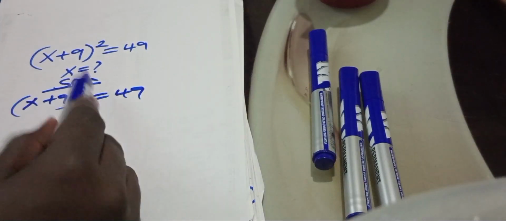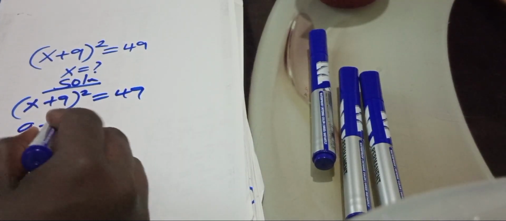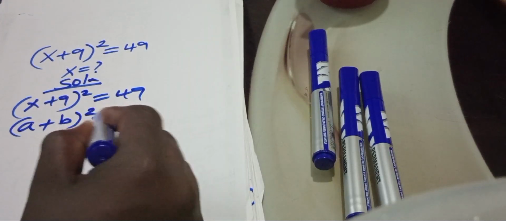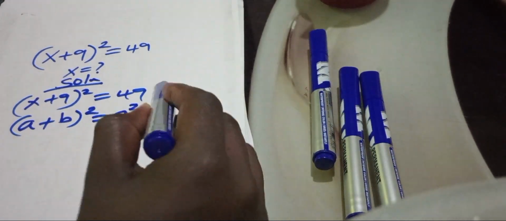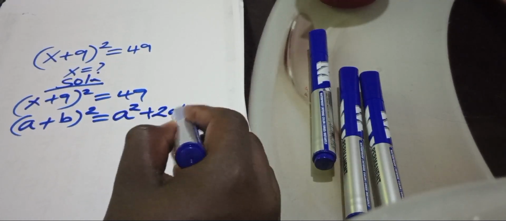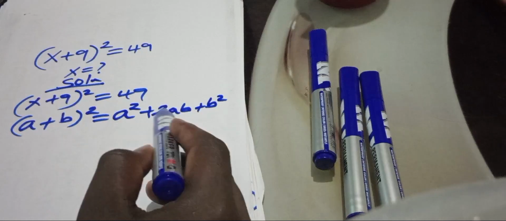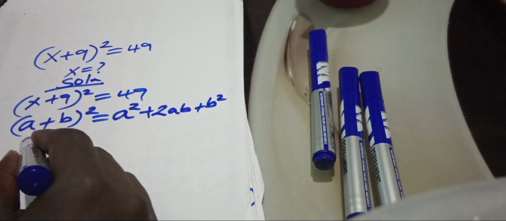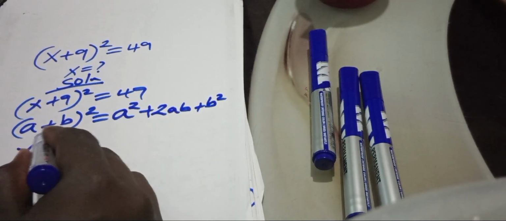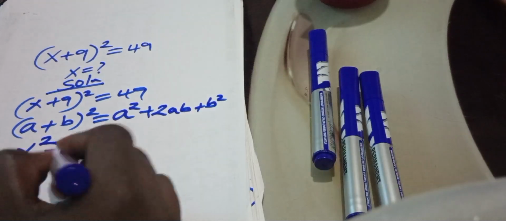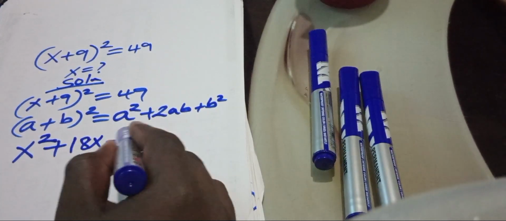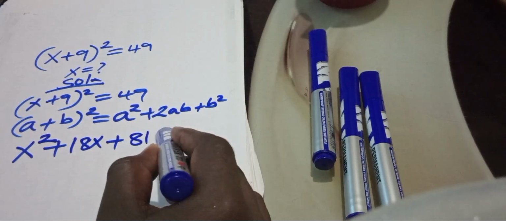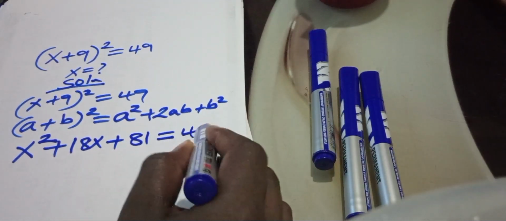Now (x + 9)^2 is in the form (a + b)^2, which is expressed as a^2 + 2ab + b^2. Applying this property, we have x^2 + 18x + 9 squared, which is 81, equal to 49.